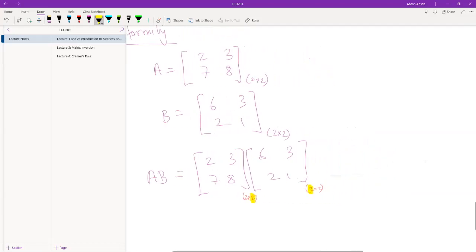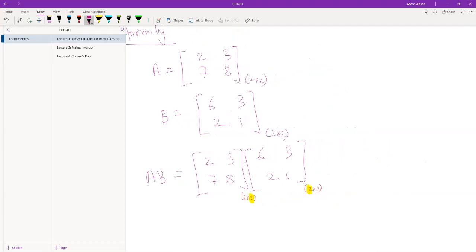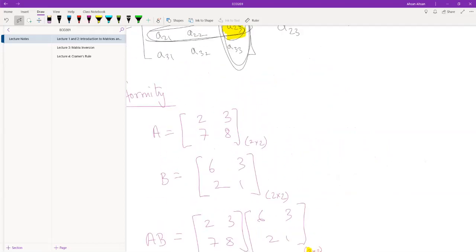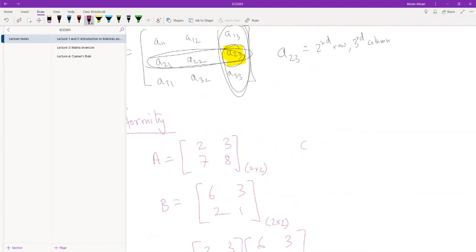So let me give you guys an example. Once again, let me bring in C. So we have A, B, and we have C, which is 2, 3, 7, 5, 6, 9, 2.